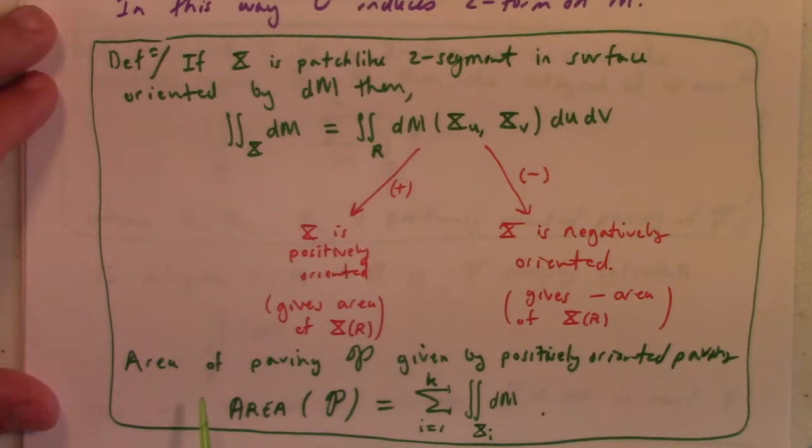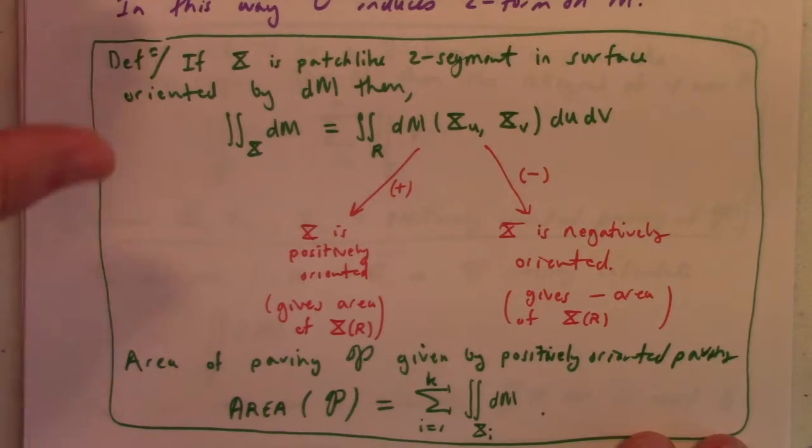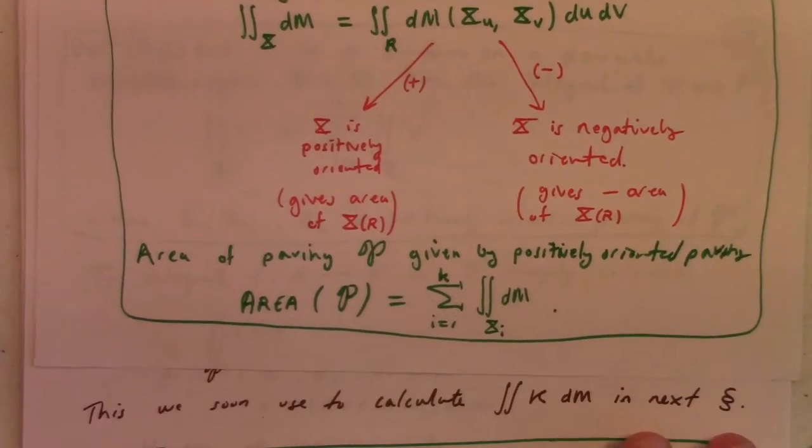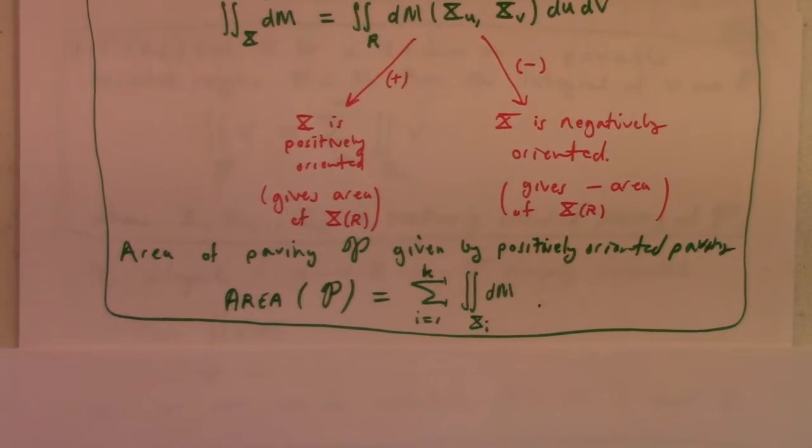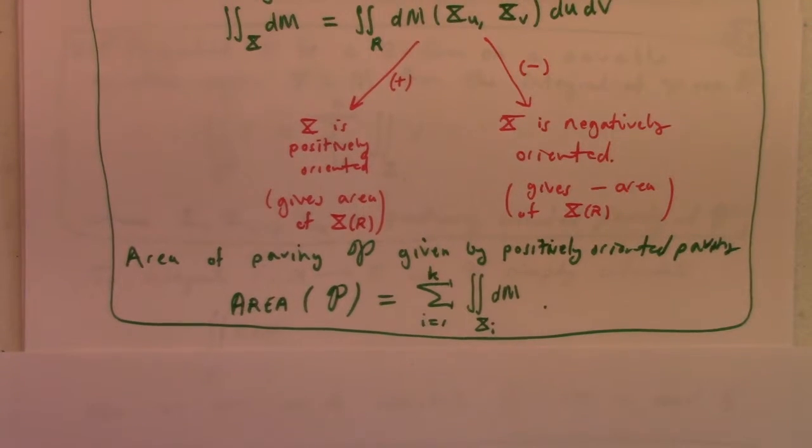So if you have a positively oriented paving, in other words, a finite number of patch-like 2 segments, each of which is positively oriented, and you sum the integrals over all the patches, then you get the total area of the region P, which is pavable. All right, so usual integration stuff: to get total area, break it up into pieces, find the area of each piece, add them together, voila, got the total area. Bam.